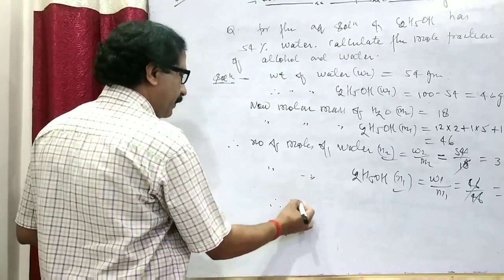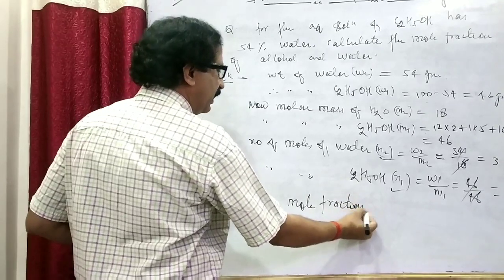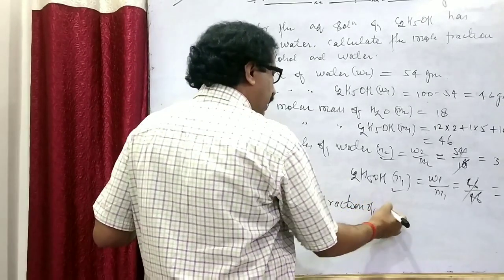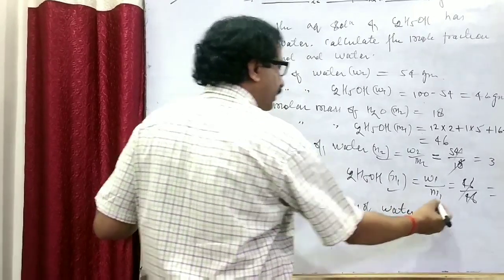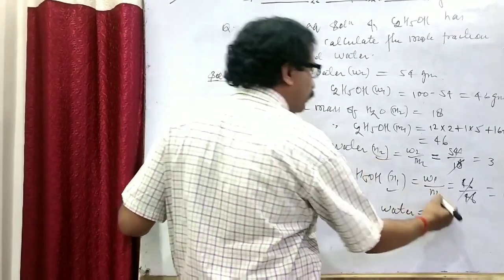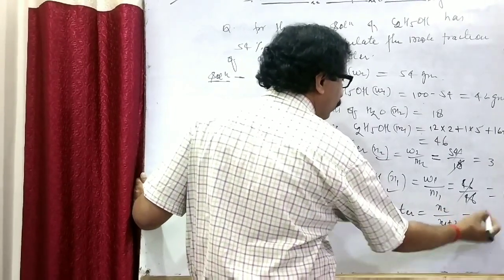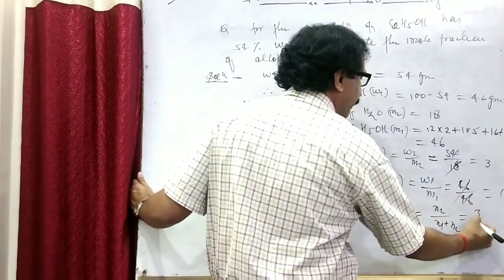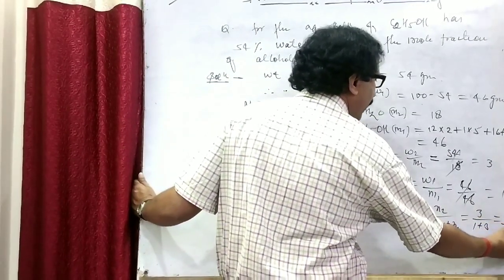Therefore, mole fraction of water means water mole, number of moles n2, upon n1 plus n2. Value of n2 is 3. n1 is 1, so 1 plus 3 means 3 by 4.